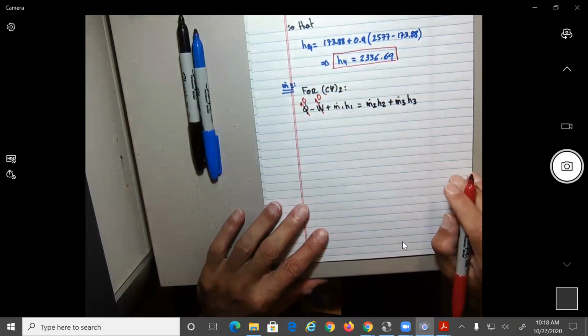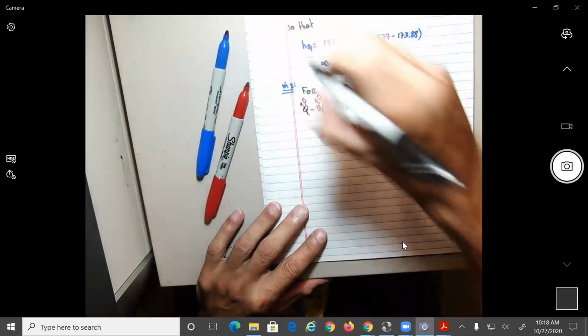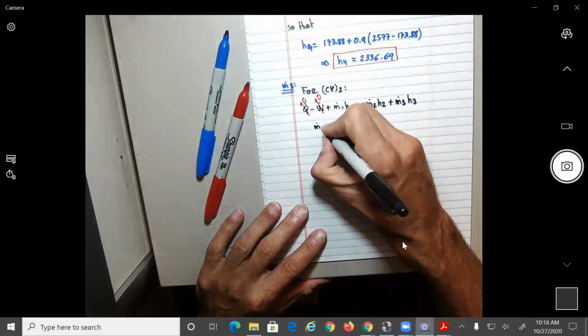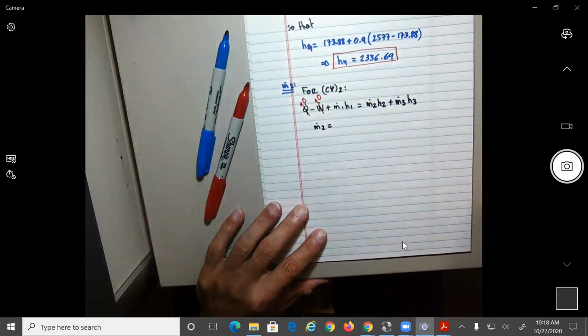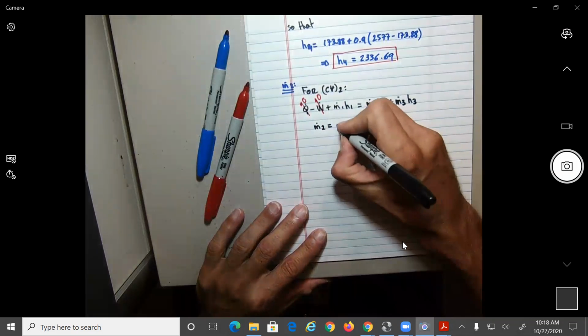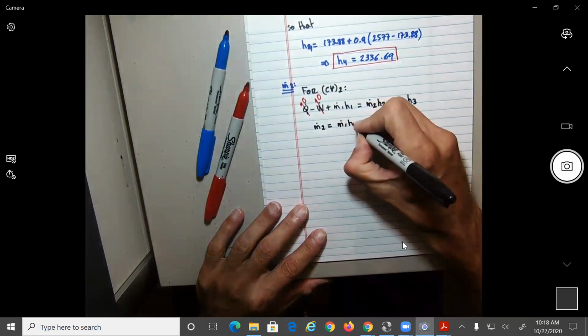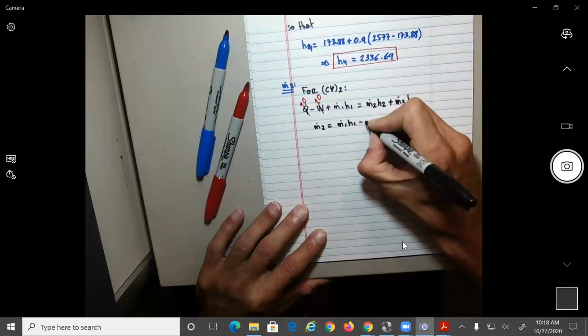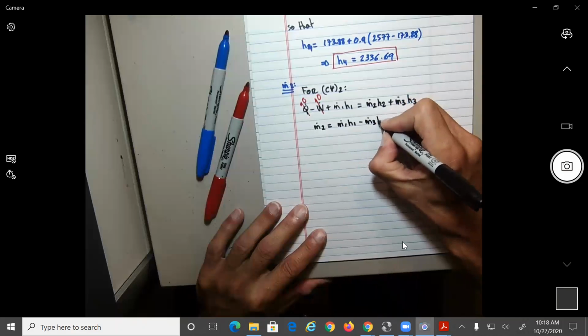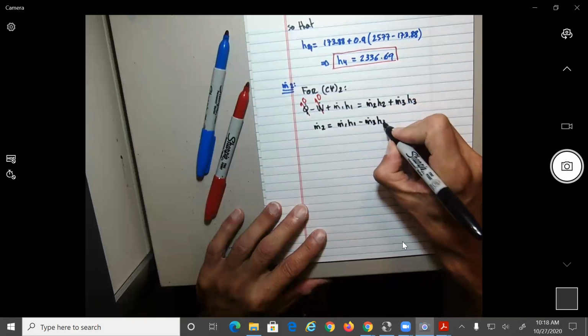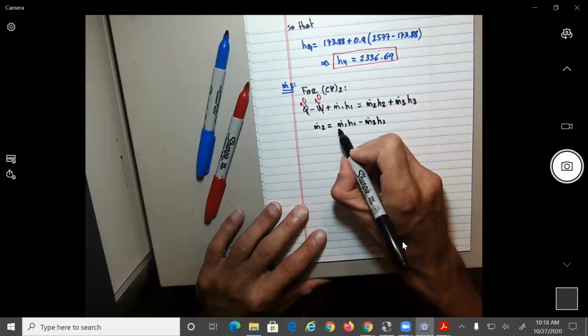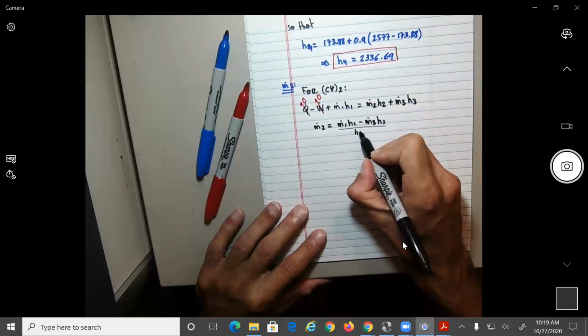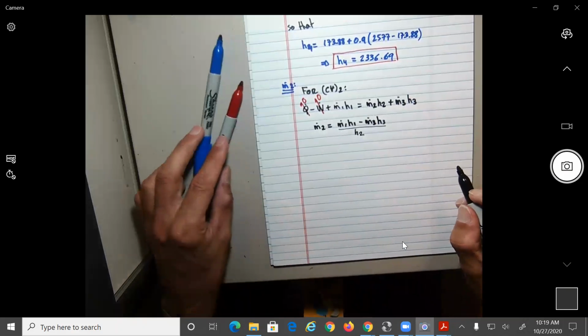And at the end, M2 will be equal to what? M dot 1 H1 minus M3 H3 divided by H2.